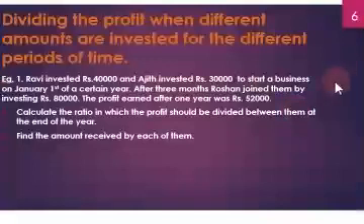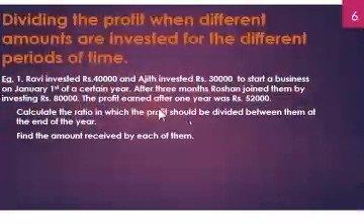We will go through this example. Ravi invested 40,000 rupees and Ajit invested 30,000 rupees to start a business on January 1st of a certain year, right? So both of them have invested different amounts on the same day. After 3 months, Roshan joined them by investing 80,000 rupees.